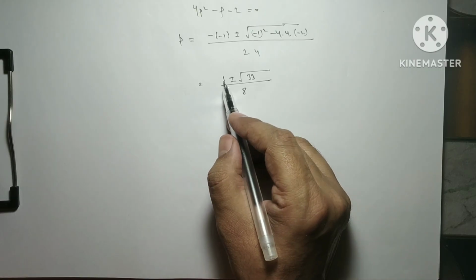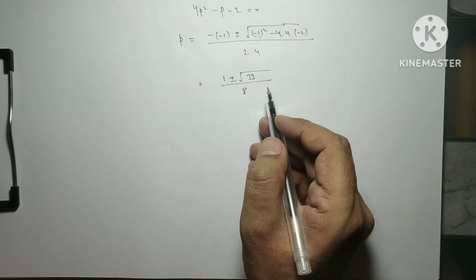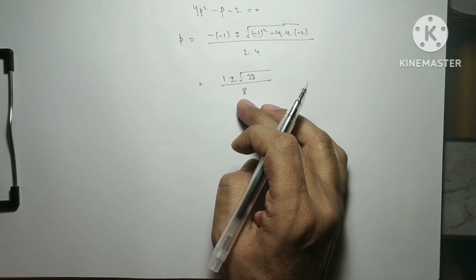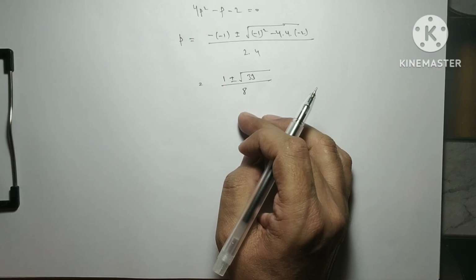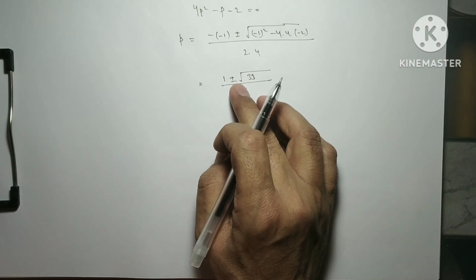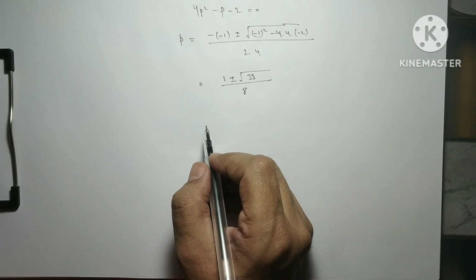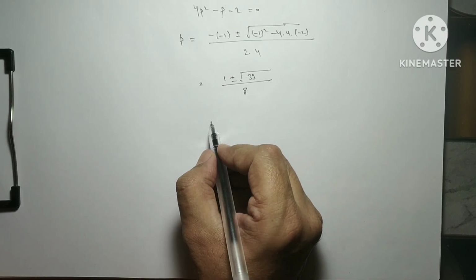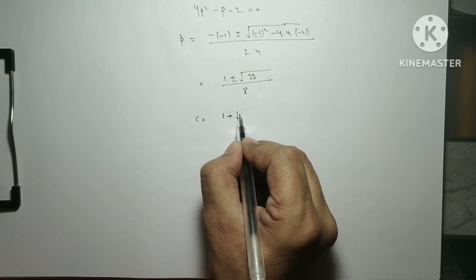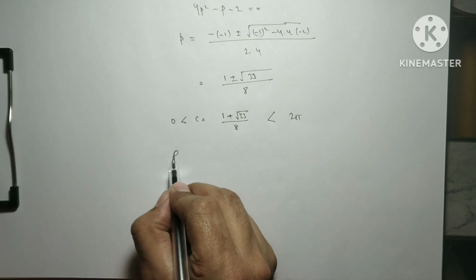When you add this one, you get around 6.6 divided by 8, which is about 0.8, so it lies in the interval 0 to 2 pi. When we take the negative sign, it will be outside the range. So c exists, and Rolle's theorem is verified.